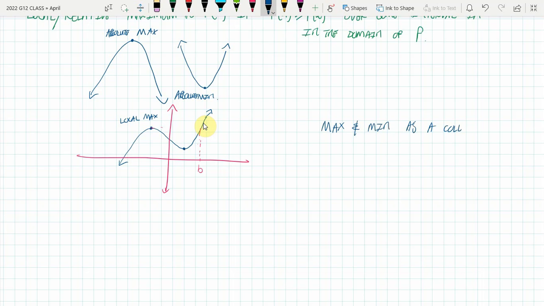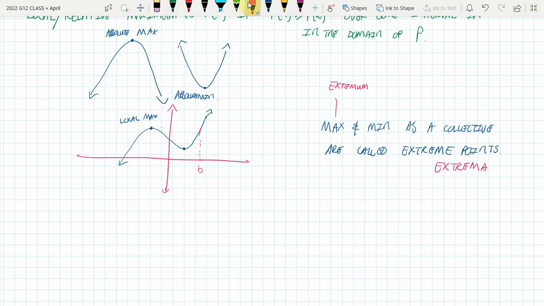In singular form, we call them extremum, but in plural, we call them extrema.